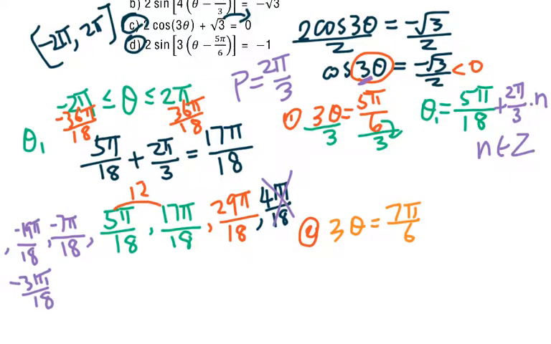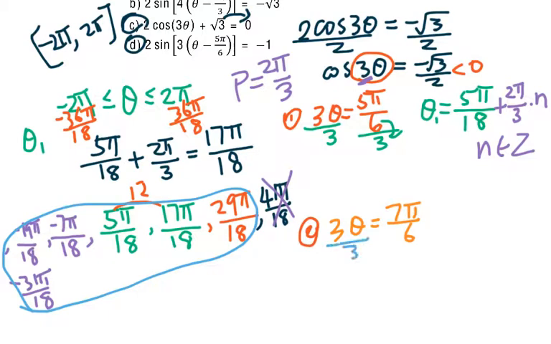Yeah, you cannot go further because it will be less than negative 36. So all answers between negative 2 pi to 2 pi will be this for theta 1. Now let's go to the second one. I divide by 3 on both sides.